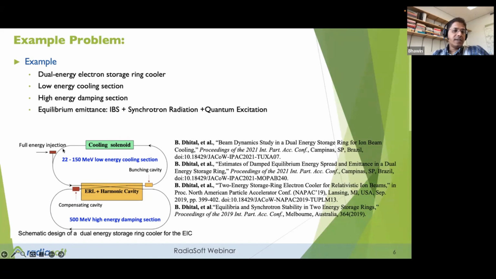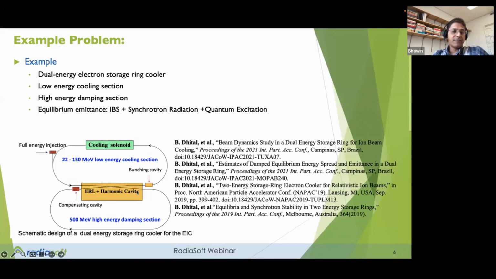So in this example, a 150 MeV electron beam is injected in the low energy ring. That is accelerated by the RF cavities and goes to the higher energy ring, which is 500 MeV, and that 500 MeV beam going through this arc section undergoes the synchrotron radiation damping effect, and due to that, this electron beam cools to a lower temperature.